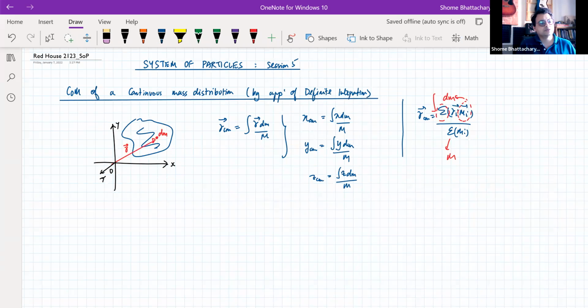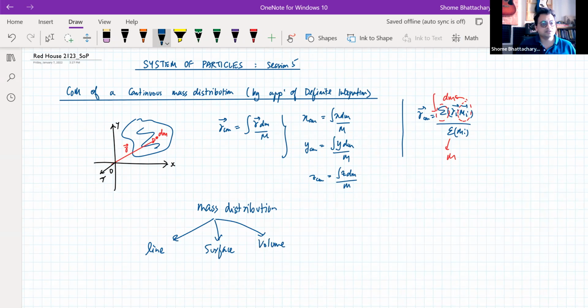So we saw that depending on whether the mass distribution is a linear distribution, okay, that is, the mass is distributed over a certain length of a thin material, like a metallic wire, or a thin rod or a rope or something like that, or the mass is distributed on a surface like a plate, okay, or a bowl or something, a thin shell, or the mass is distributed over a three-dimensional volume, which is any solid three-dimensional object, any solid rigid body.